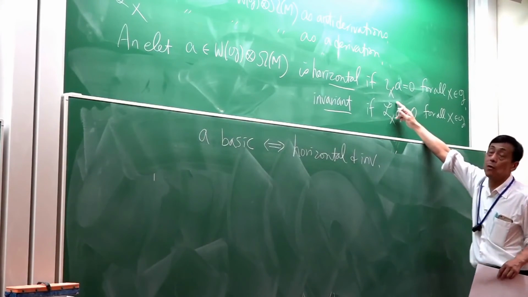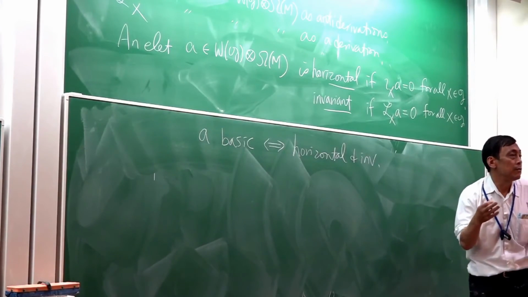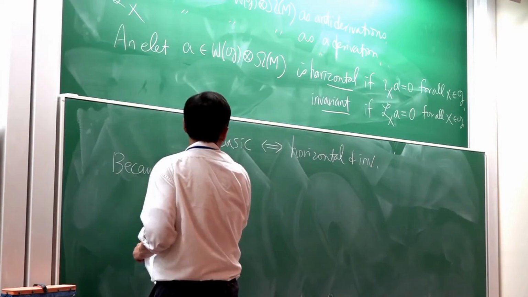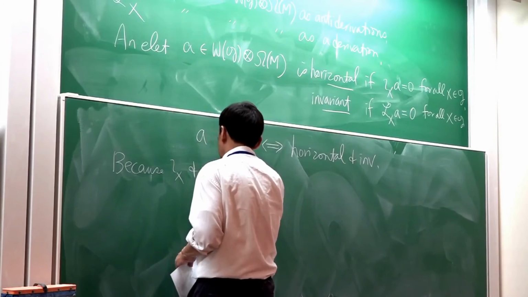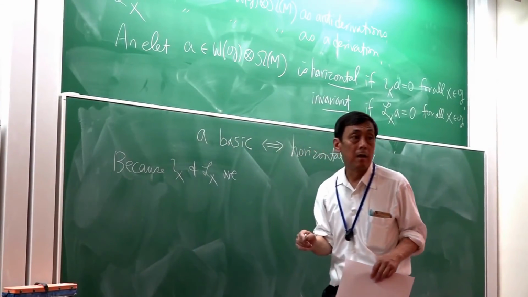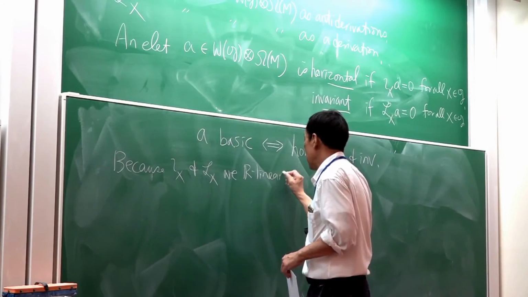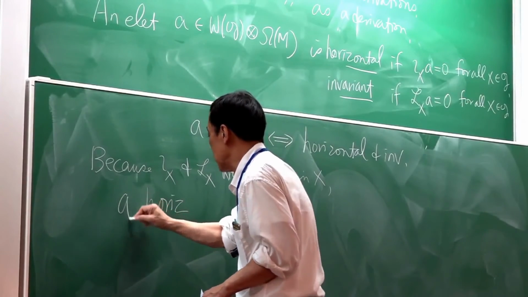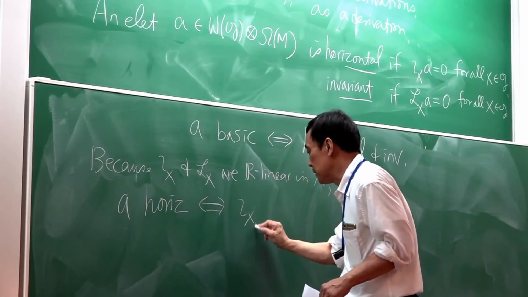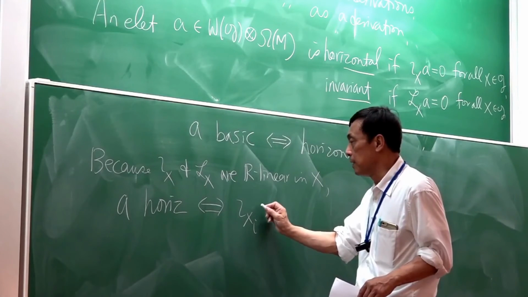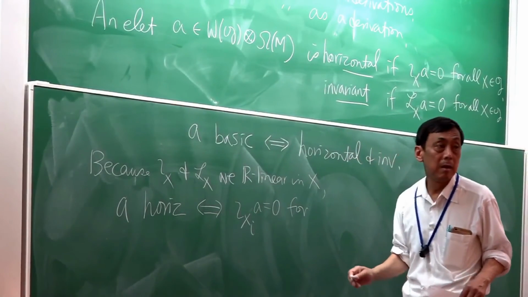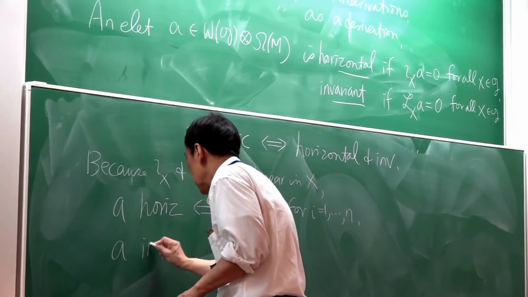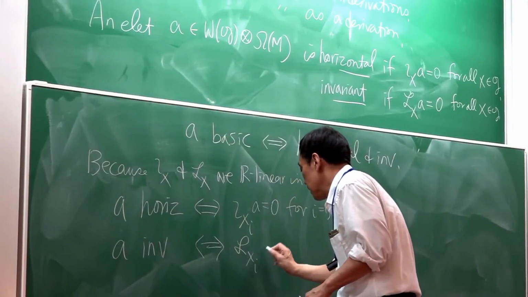Now, instead of checking it on all elements of the Lie algebra, you can also just check it on a basis, because IX and LX are linear in X. So horizontal, you can just check IX on a basis, and invariant can also be checked on a basis.